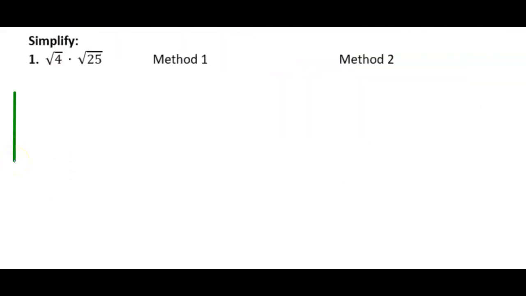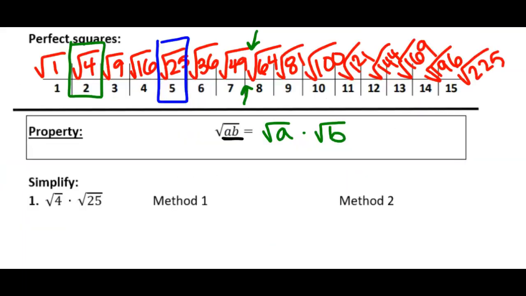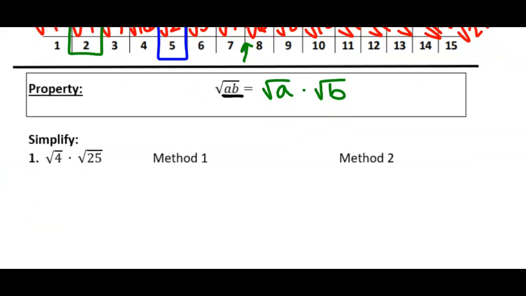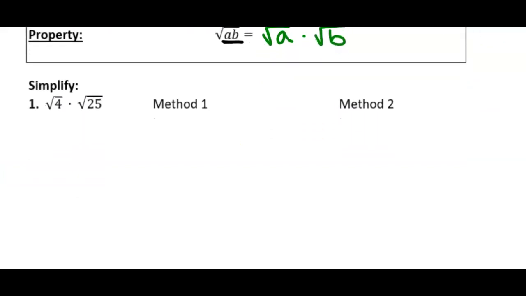Okay, so let's look at this first one. Okay, so we're going to look at applying this property. So this says the square root of 4 times the square root of 25. We have 2 different ways that we can do this.